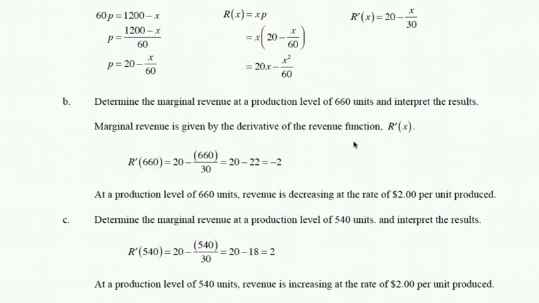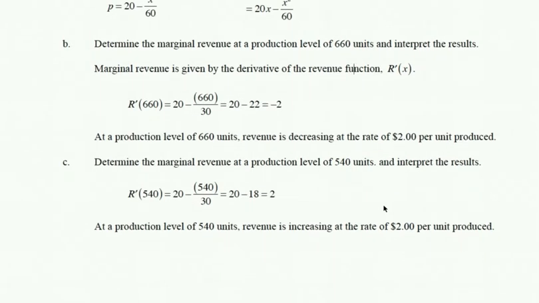So marginal revenue at 660 is given by R prime of 660, which is 20 minus 660 for our x over 30. 660 over 30 is 22, so this marginal revenue at 660 units is 20 minus 22, and that gives us a negative 2. So this tells us that at a production level of 660 units, revenue is decreasing at the rate of $2 per unit produced. That is what is meant by interpret the results.